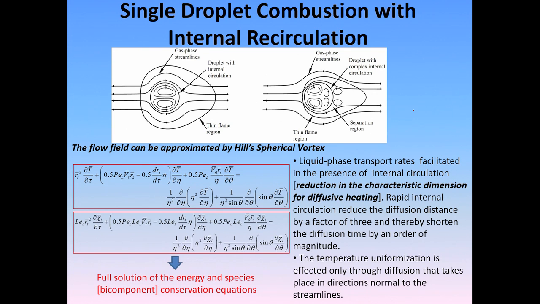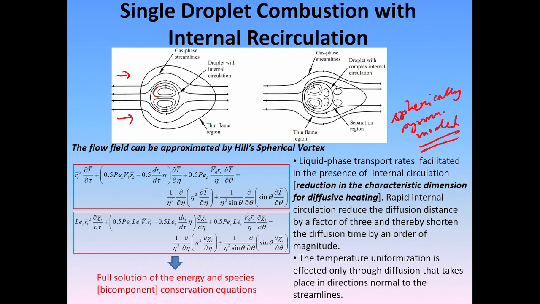Now, we so far have only taken into account the spherically symmetric model. Now, if we include the internal recirculation, like what we did in the droplet vaporization case, in this particular case, if there is a flow around the droplet, which in the normal cases there is, what you will find here is that you can find two kinds of characteristics.